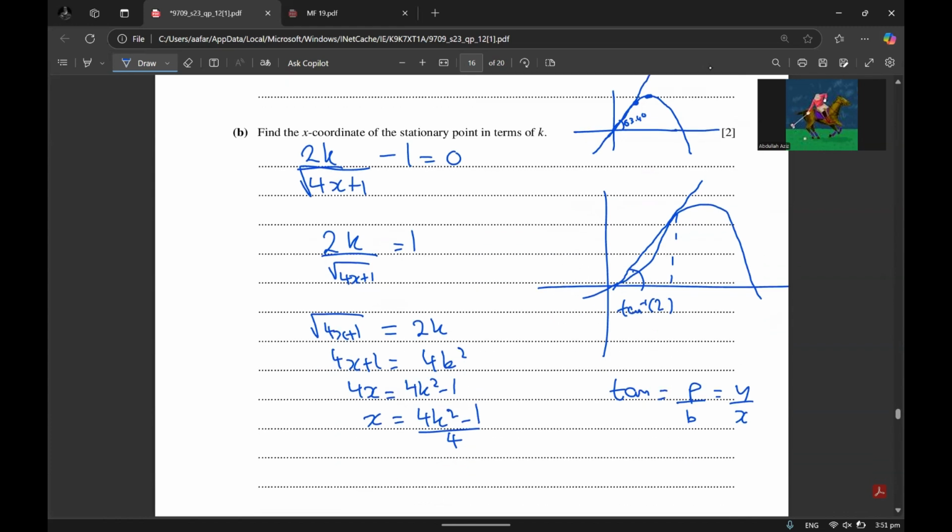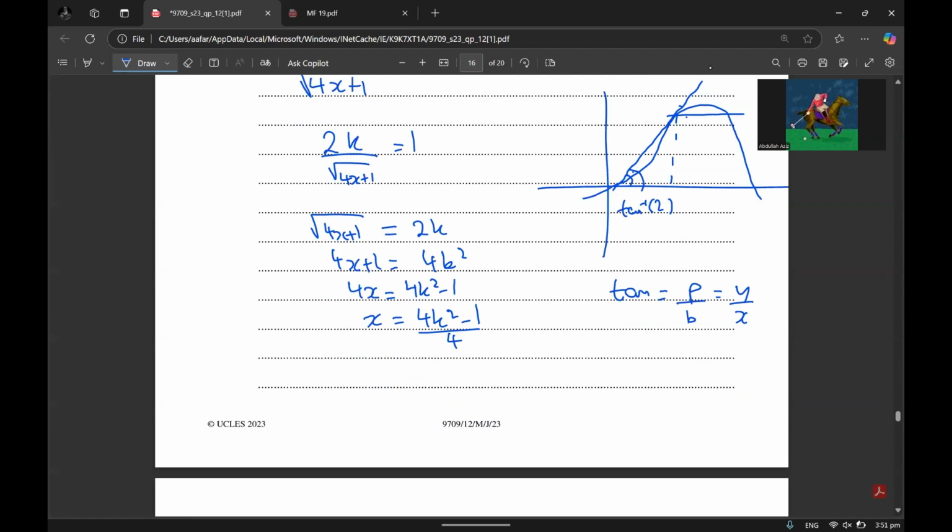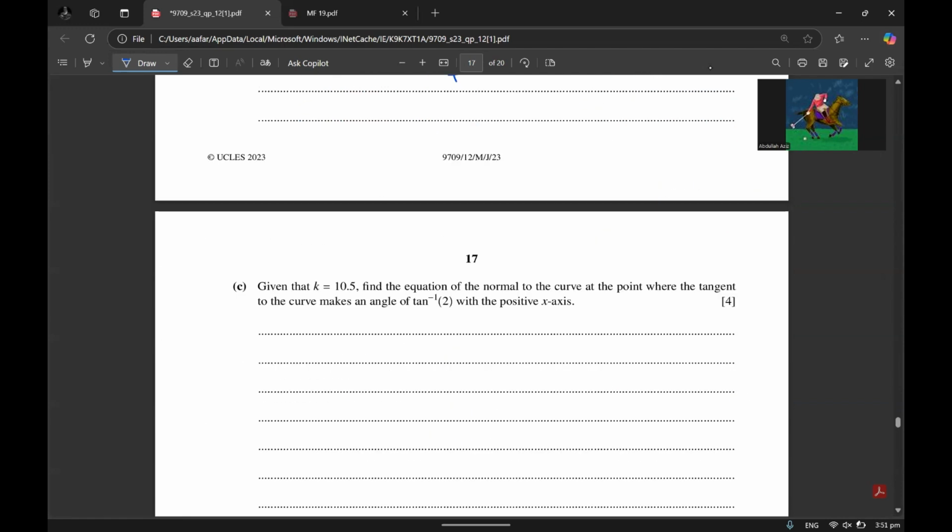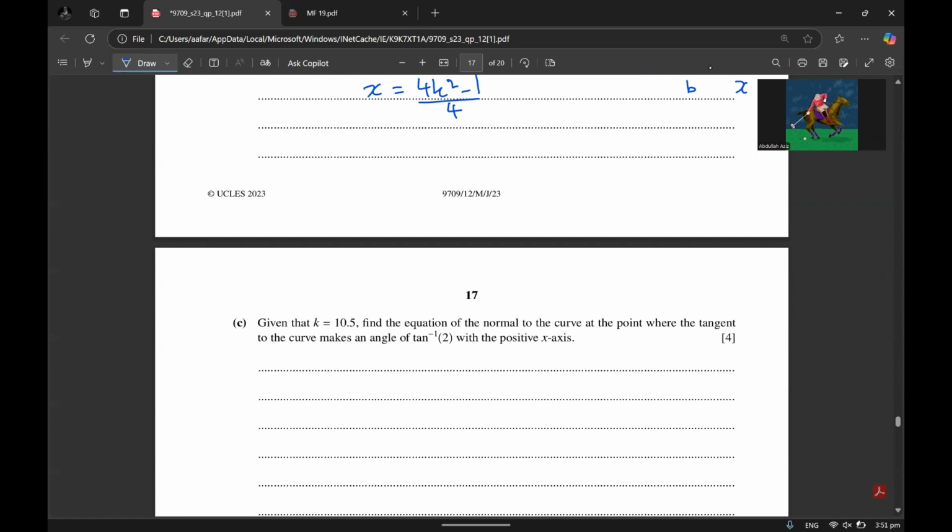So tan is also equal to the gradient of the angle. So tan of this angle will be equal to the gradient, and the angle over here will be the same, 2. Basically, it's saying that the gradient at that point is 2.